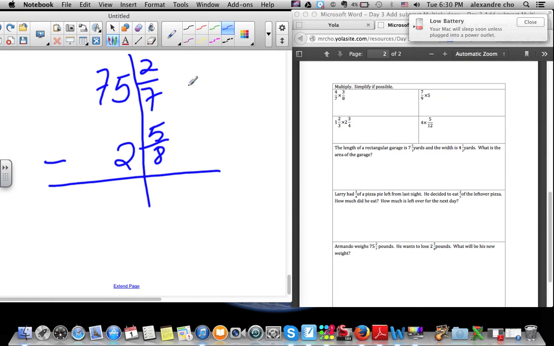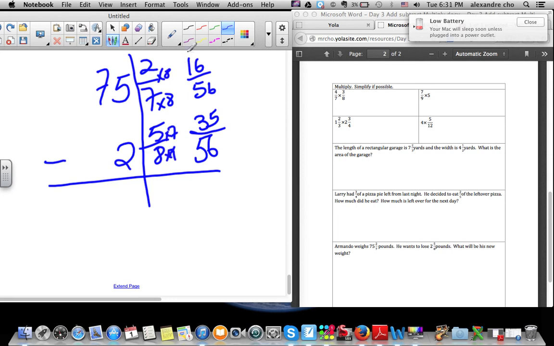First, we have to find the LCM, which in this case is 56. It's 8 times 7, so 2 times 8 is 16, and 5 times 7 is 35. Times 8, times 8, times 7, times 7.